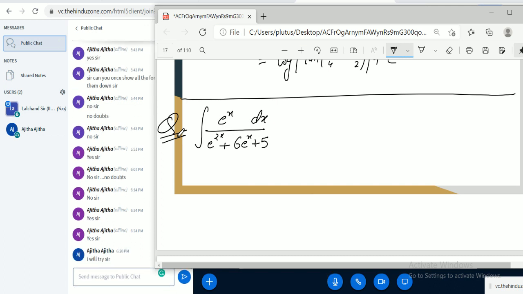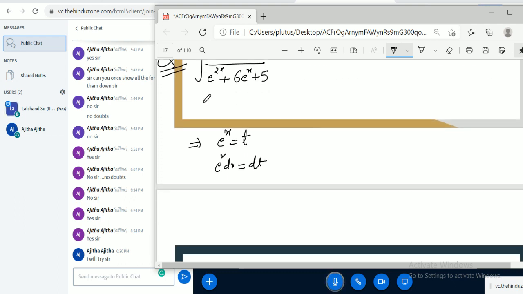Okay, try. So if we substitute e to the power x as t, then e to the power x dx equals dt.